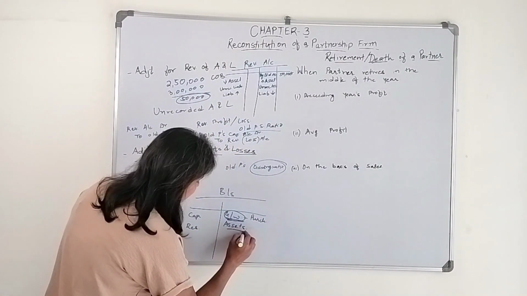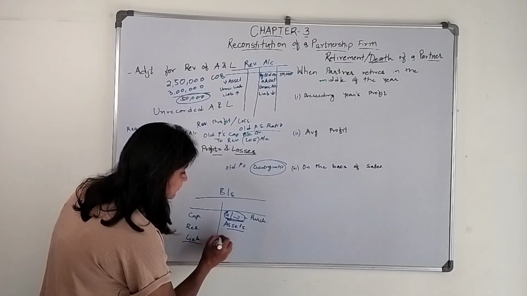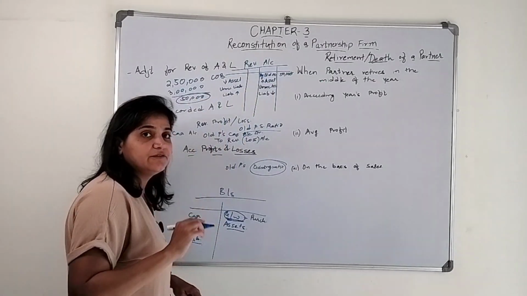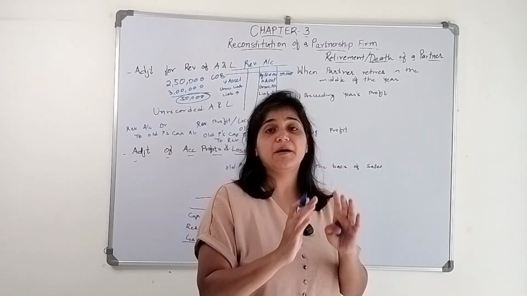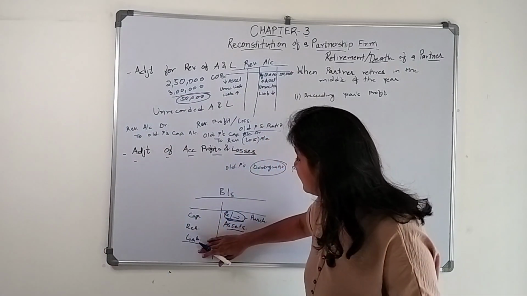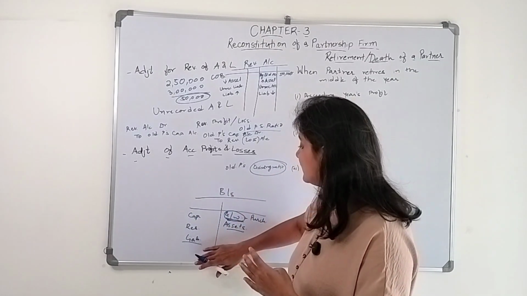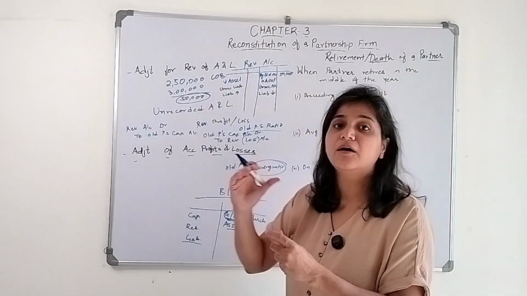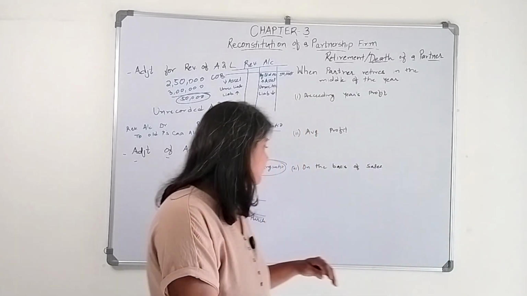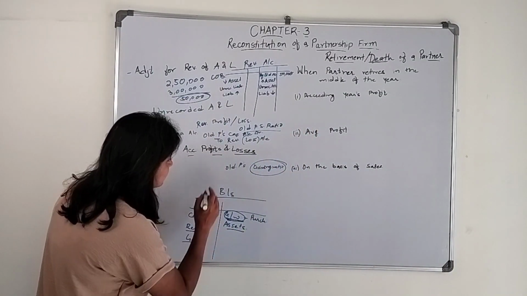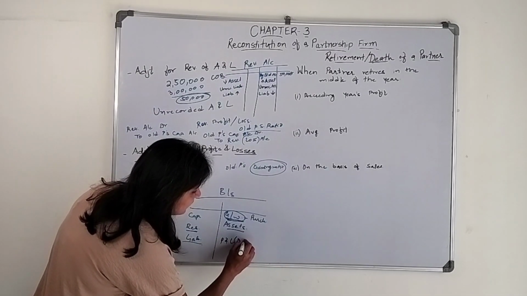Then there is a revaluation of assets and there is a revaluation of liabilities. These assets and liabilities we will revalue. Now in the books, after the retirement of a partner, they will be shown at a revised amount. Now what remains? There are reserves, or there are certain profit and loss debit balances.